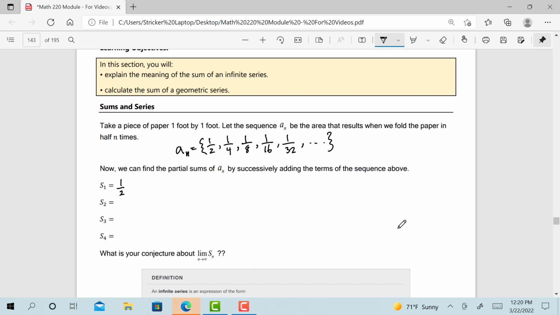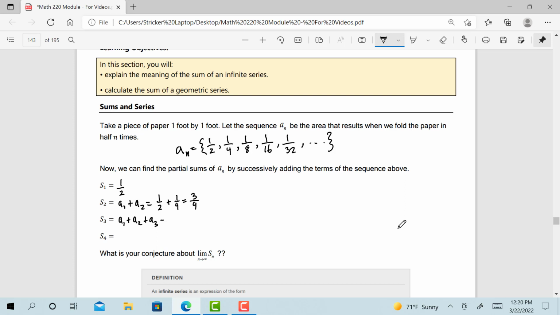Now S2 is what you get when you add the first term with the second term. So you're adding up the first two terms, which in this case is going to be 1/2 plus 1/4, which is 3/4. And then likewise, S3 is what you get when you add A1, A2, and A3.